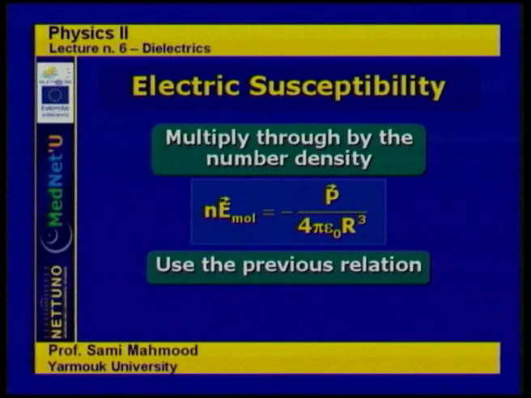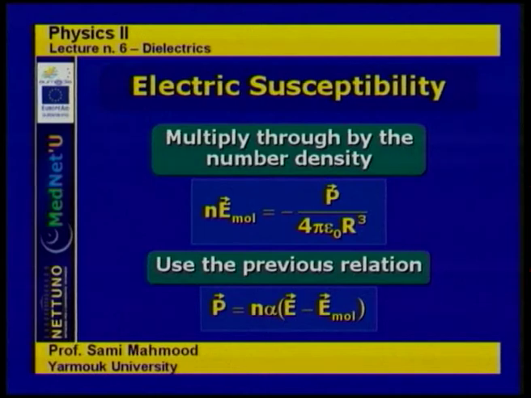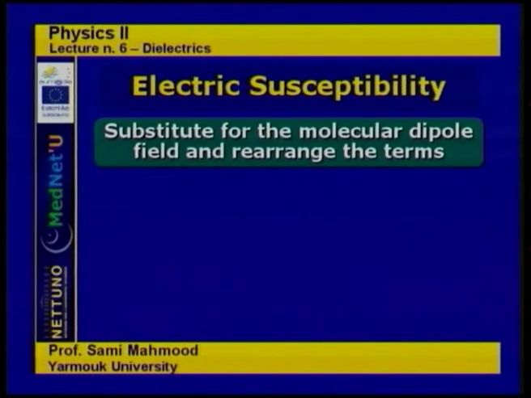And we use the previous relation for the polarization. We get the polarization is equal to the number density times alpha times the field E, spatial field E, minus the molecular field.